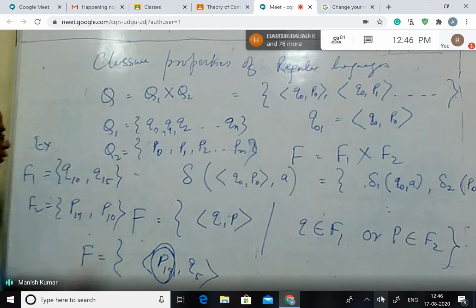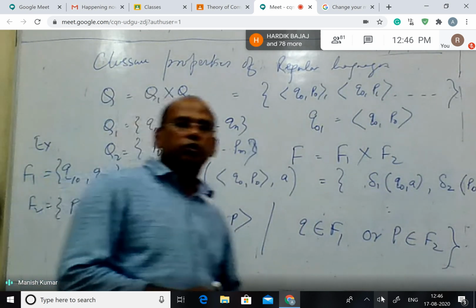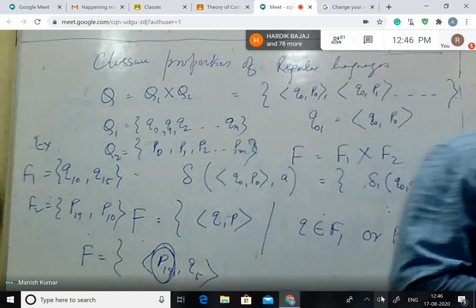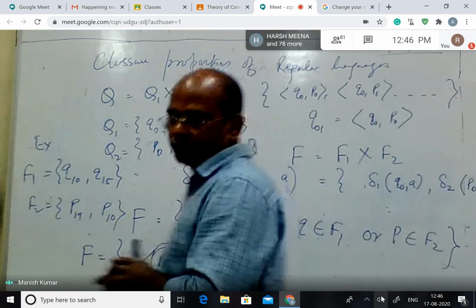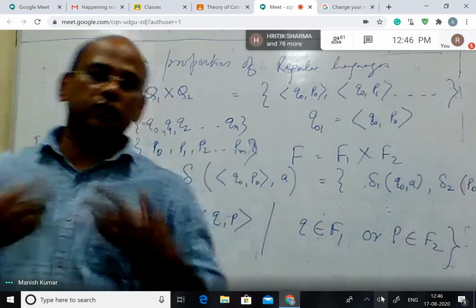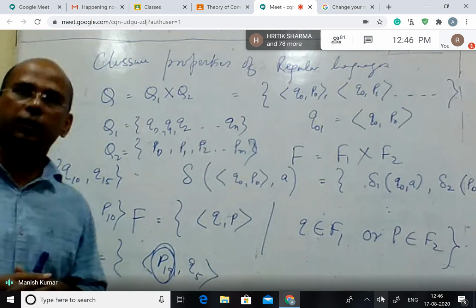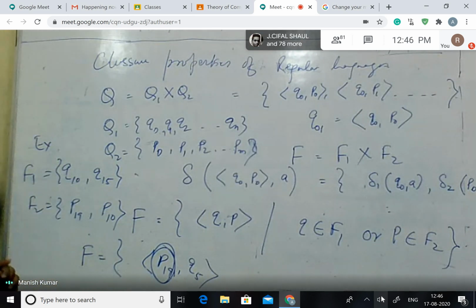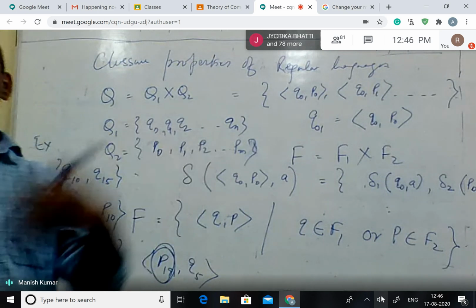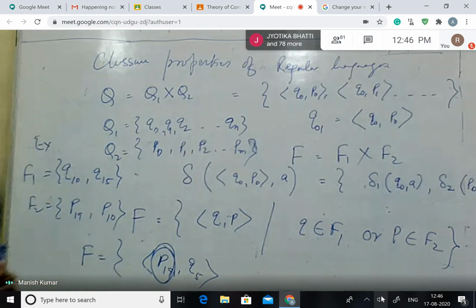So this way what we have seen is that we are able to define all the elements of machine M3 in terms of machines M1 and M2. So hence I can conclude that it's a combination of two machines. That means I am just merging two machines into one machine.